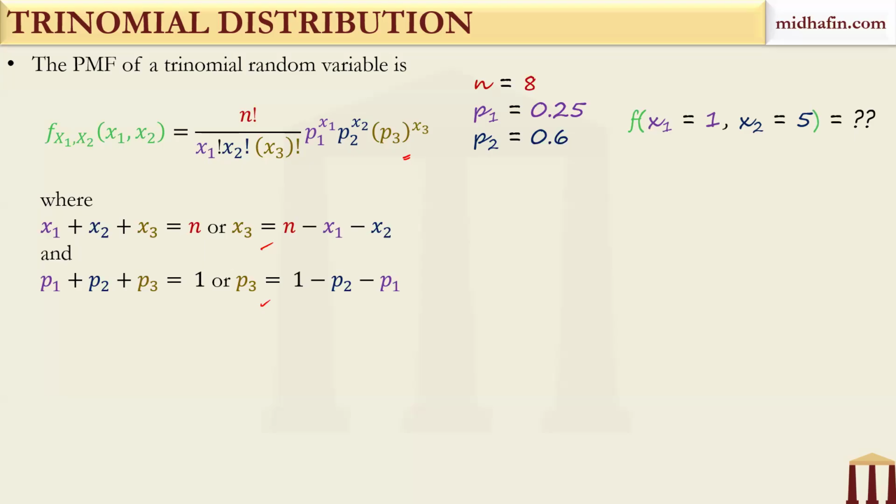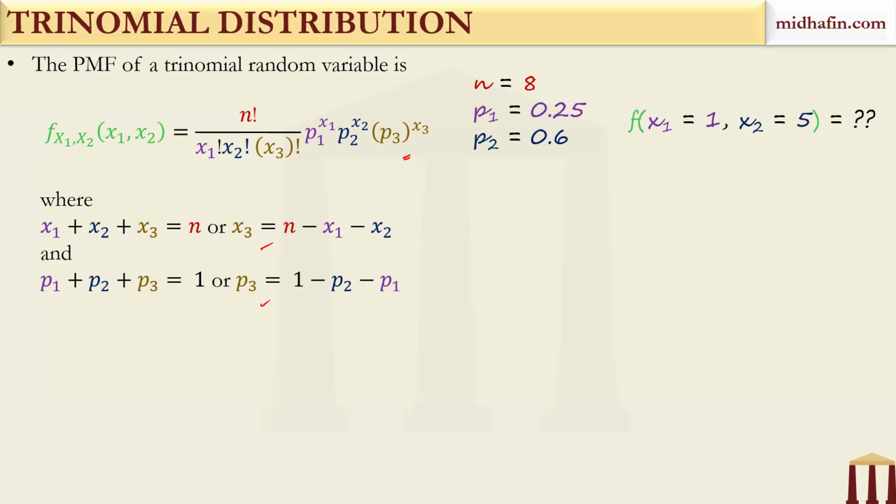I need to find out, out of eight applications, what is the probability that one was approved and five were denied? Obviously, if one was approved and five were denied, it automatically implies that two were on review, because one plus five plus two is eight.